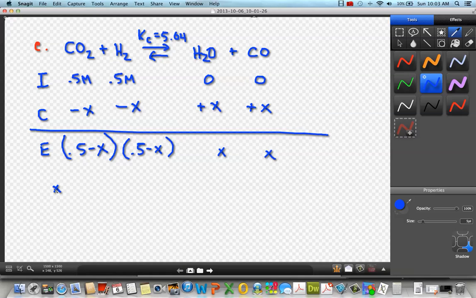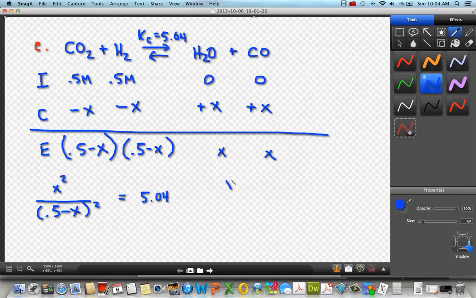That means x squared divided by 0.5 minus x squared equals 5.04. Now I can take the square root of both sides since both the numerator and denominator are being squared.